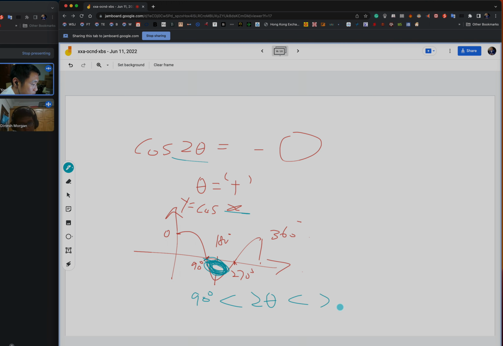So as soon as it hits this one, you're going to get negative. So you can try theta equals to 46. That will give you 92. Cosine 92 is going to give you negative, if I'm not wrong. Go ahead.